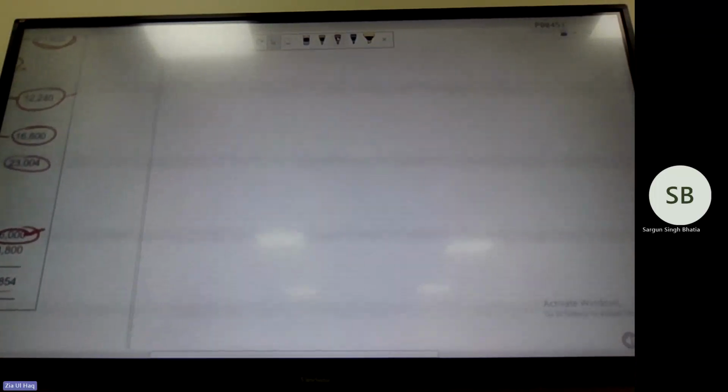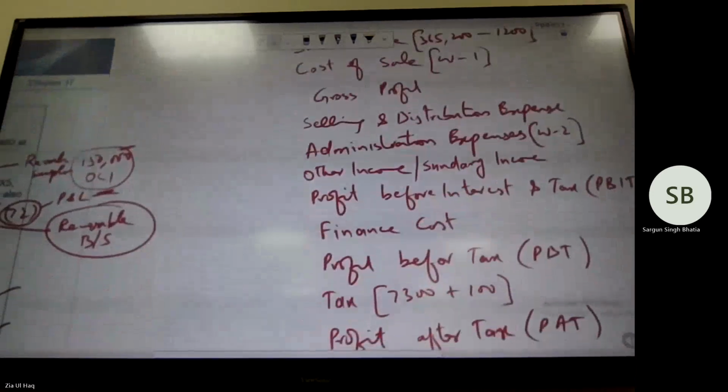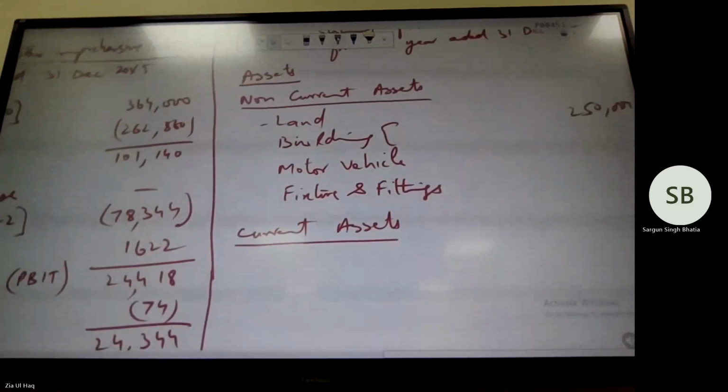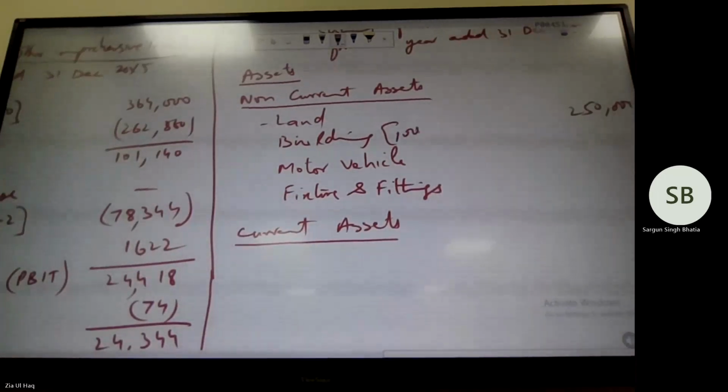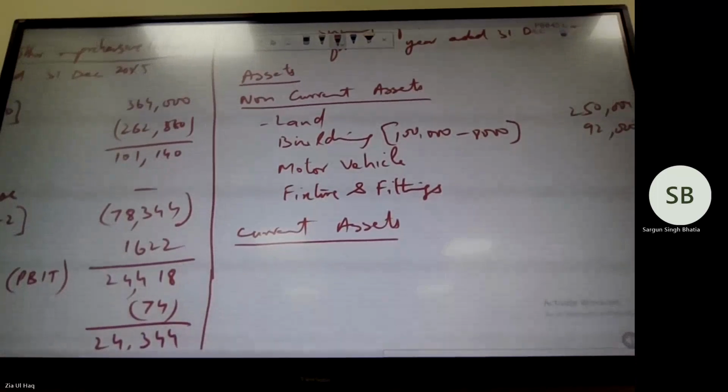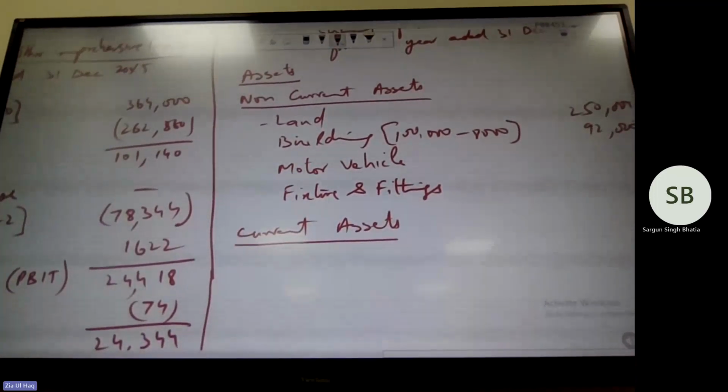So for building, we need to record 100,000 minus 8,000 accumulated depreciation. It will be 92,000.